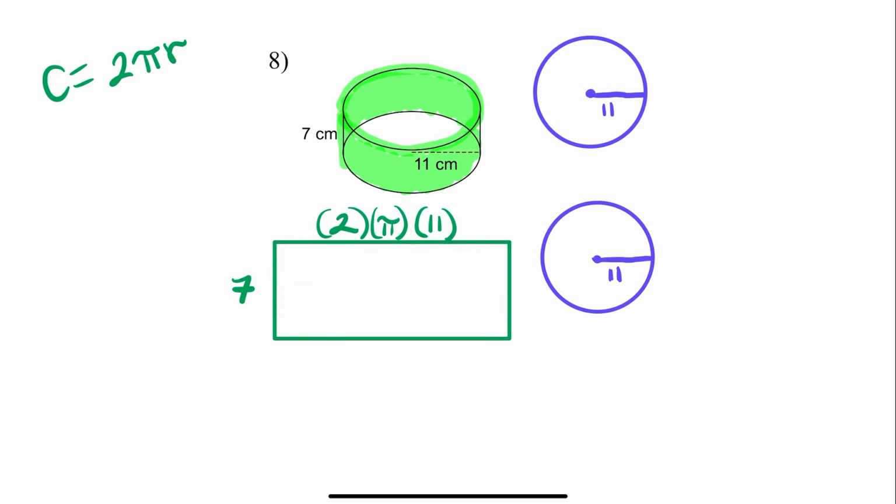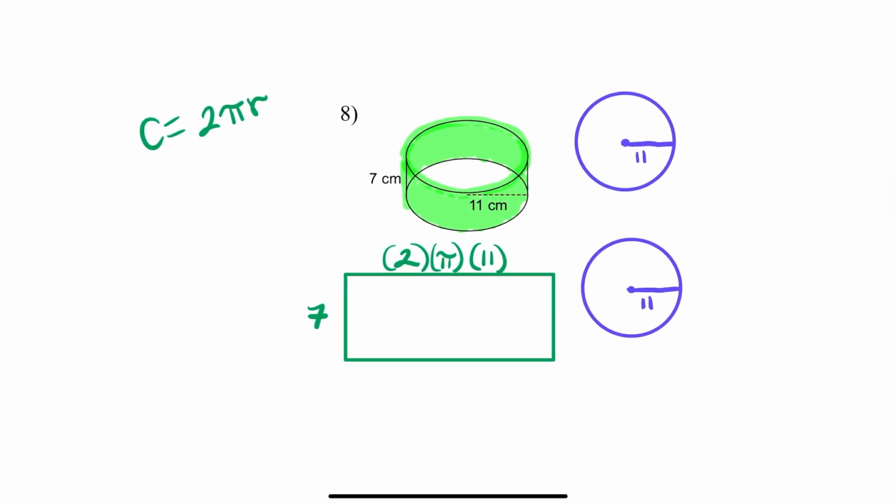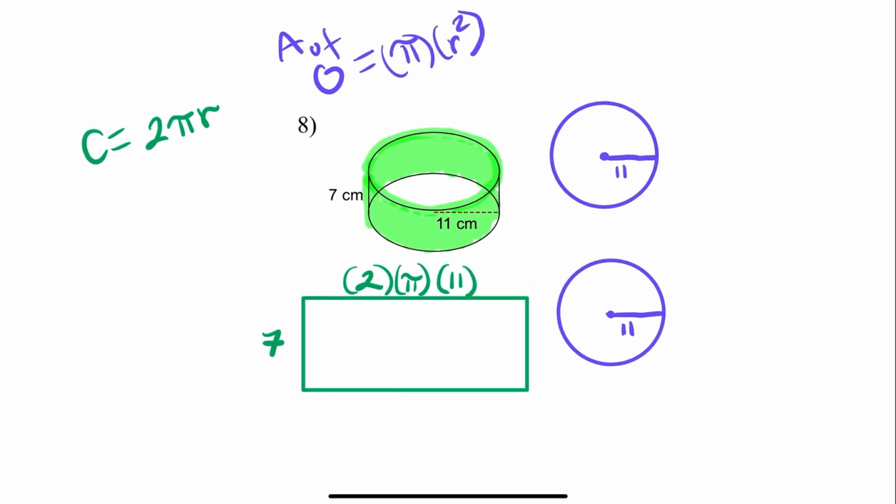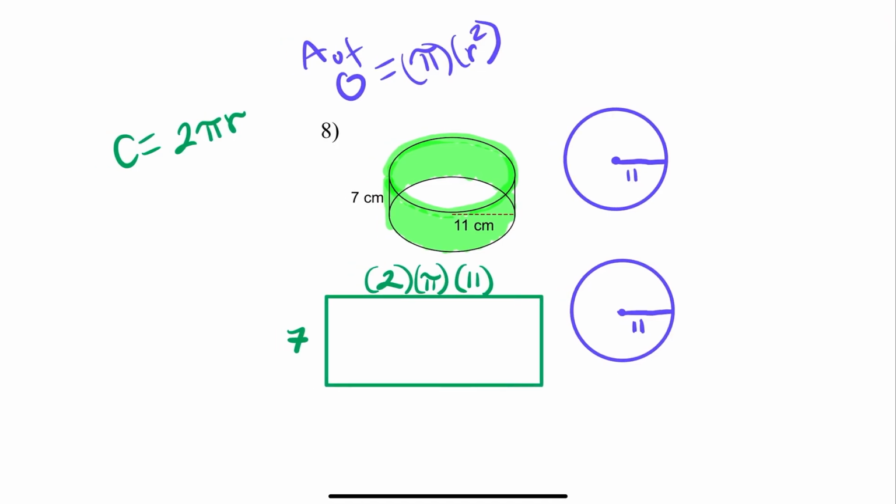Another thing is remembering how to find the area of a circle, because we need to find it for 2 of them. As a reminder, the area of a circle is pi r squared, okay? Pi times r squared. And so we can technically start doing the math for this. I'm going to find the area of one of these, pi r squared.